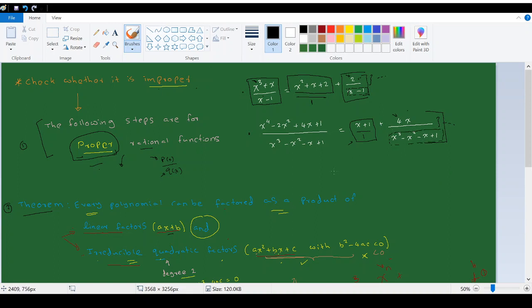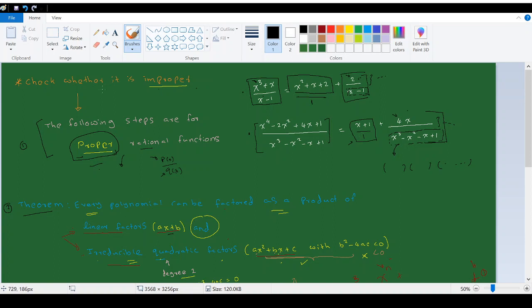And the theorem says you can separate this one into linear factors as well as irreducible quadratic factors. So our main goal is to simplify this given big expression.